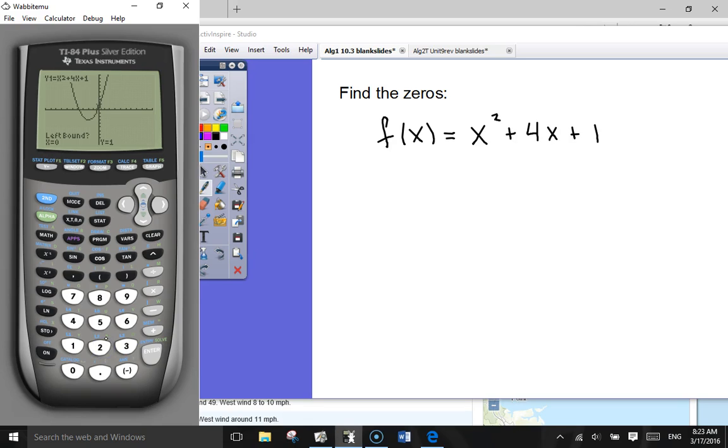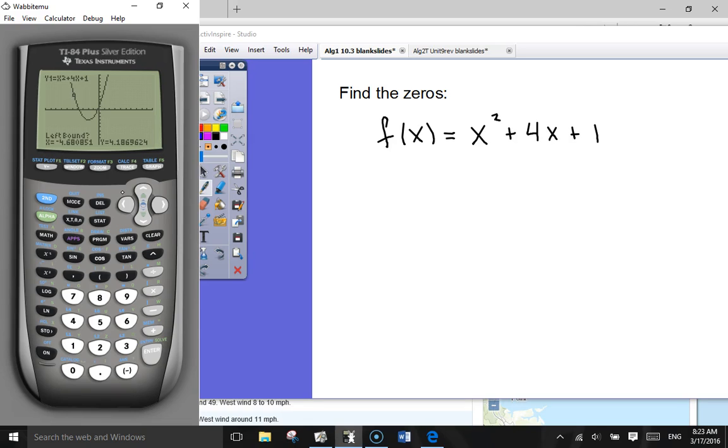So let's get the one on the left that looks like it's around -4. Let's move the cursor to the left. Okay, is that good to the left? Oh, there's one. So move it a little bit to the left, right there.